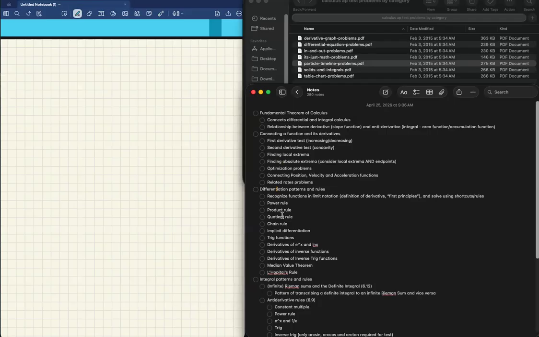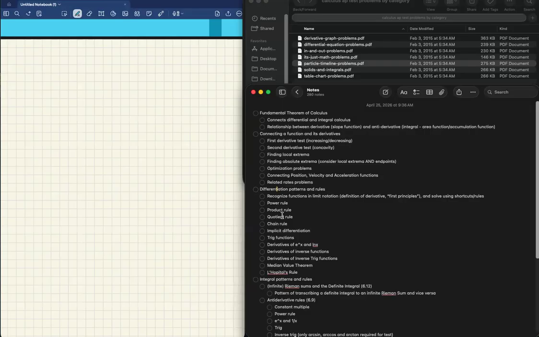What I'm talking about here is the definition of the derivative, right? Where the form is the limit as h approaches 0 of f of x plus h minus f of x over h.